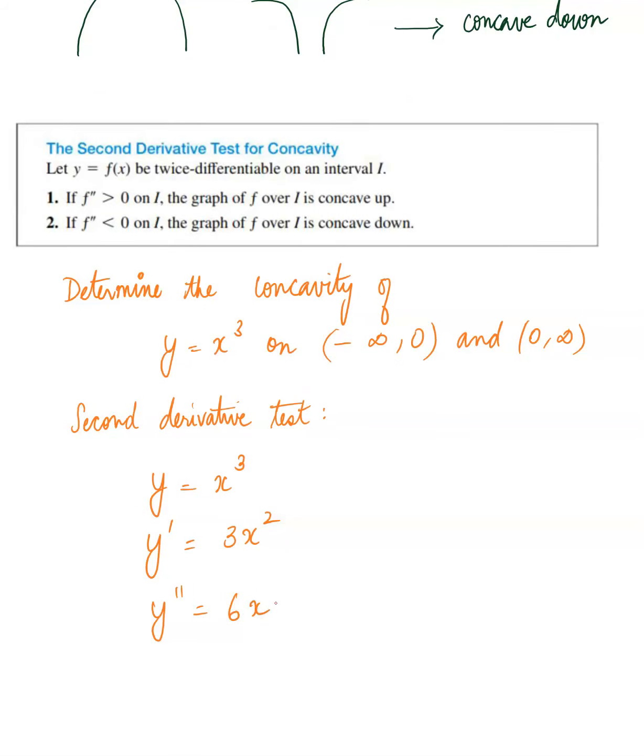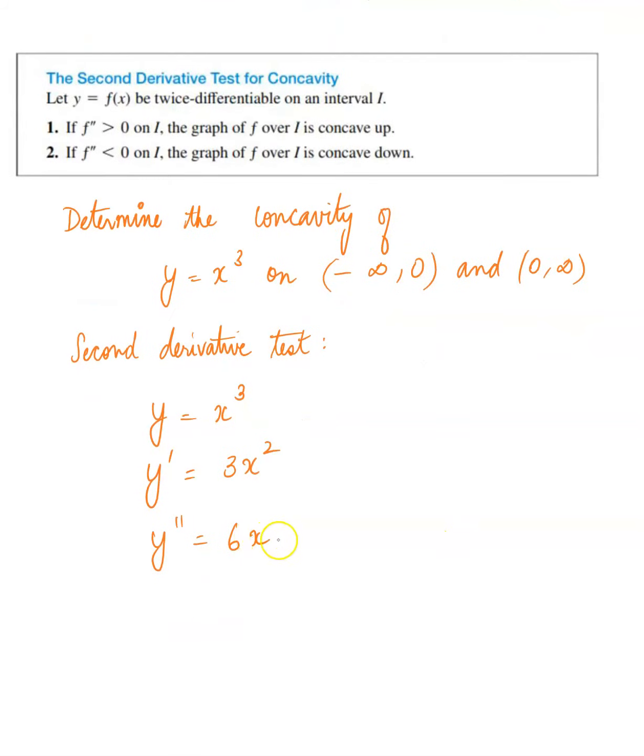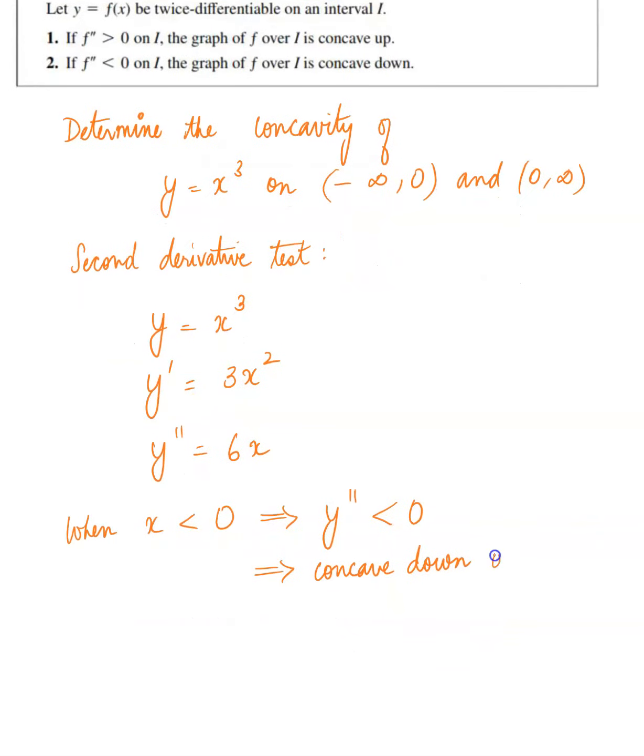Okay. So now we have to see what happens to this x, because x is a variable. When x is negative, what happens? When x is negative or less than 0, it implies that y double prime, so 6 times a negative number, will be negative, right? Y double prime will be negative, which means it's concave down when x is negative, which means concave down on negative infinity to 0, right?